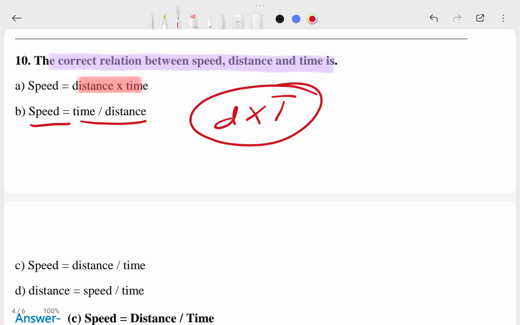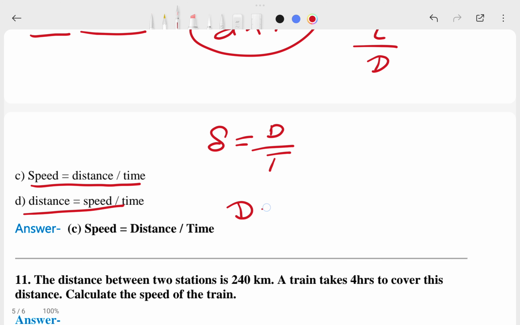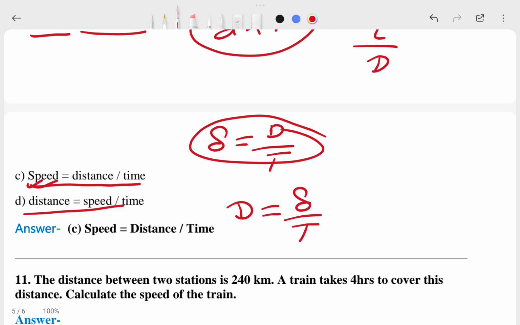The third says speed is distance by time, s equals d by t, and the fourth says distance equals speed times time. So which is correct? Option C is correct, because speed equals distance by time. So this is the correct answer.